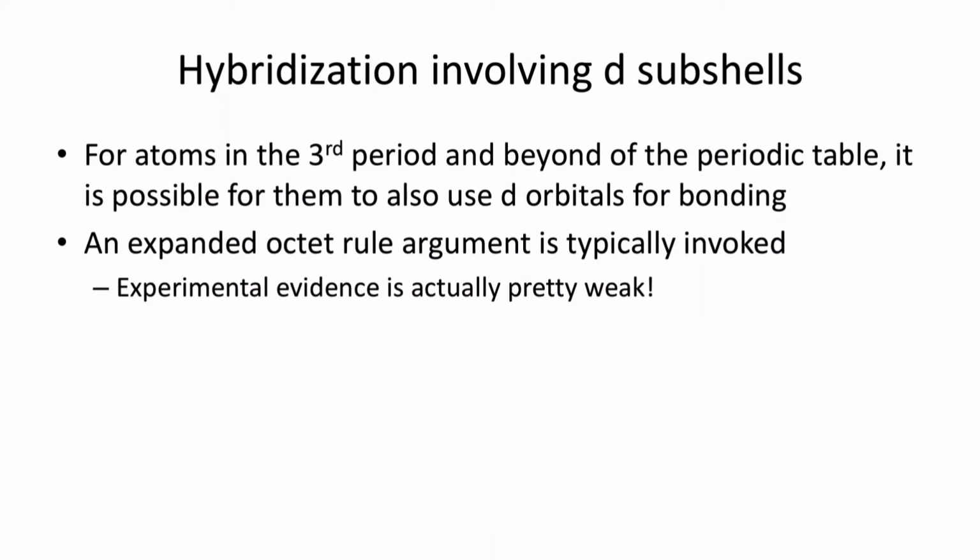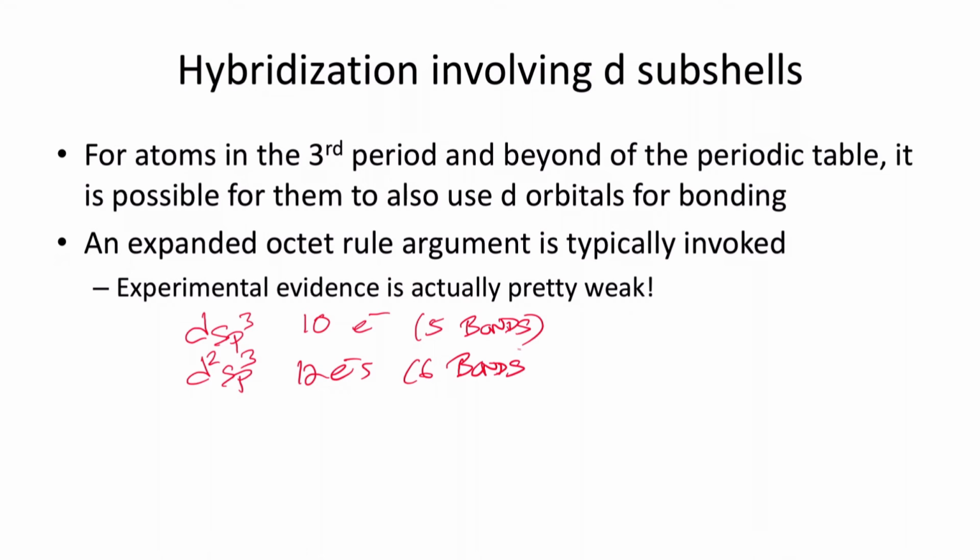It is possible to have hybridization with other orbitals besides s and p, like the d subshells, but these usually have to do with expanded octets. You might have, for example, something like dsp3 or d2sp3, where I might have to use 10 electrons to make 5 bonds in the case of dsp3, or maybe I have 12 electrons that I need to make 6 bonds in the case of d2sp3.